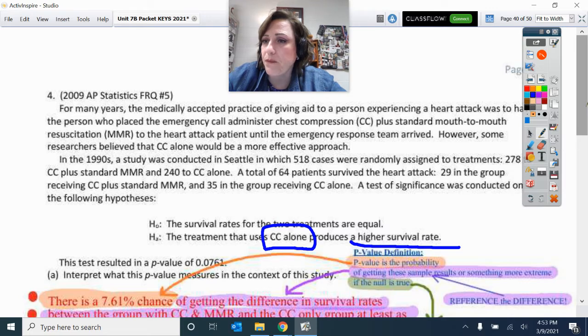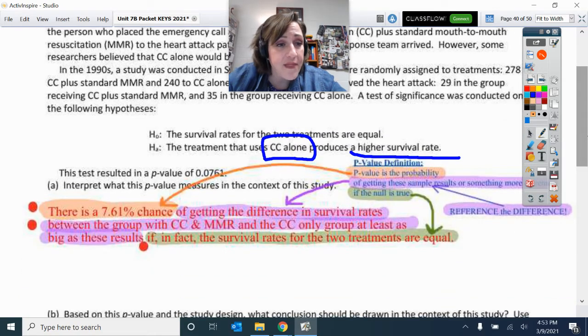Interesting. Okay. So they tell you that they did that and they got this p-value. It says, interpret what this p-value means in context of this study.